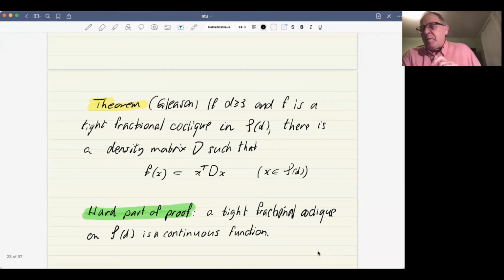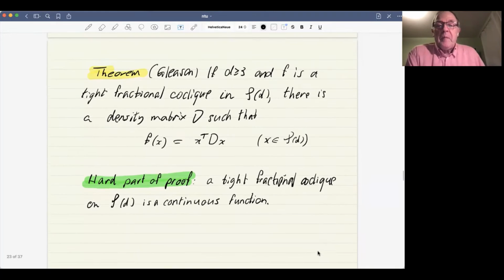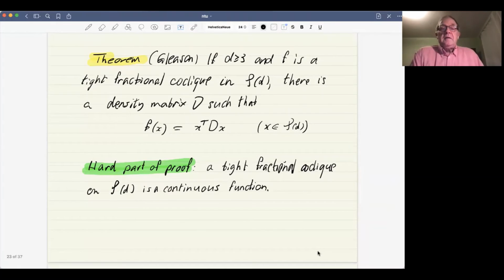Now, for the physicists, this was important because it basically justifies using density matrices to represent states. So from the point of view of the foundations of quantum mechanics, it's a very important result. But we're not physicists, we don't care about that. So the comment I want to make is that the hard part of the proof of Gleason's theorem was showing that a tight fractional co-clique is necessarily continuous.